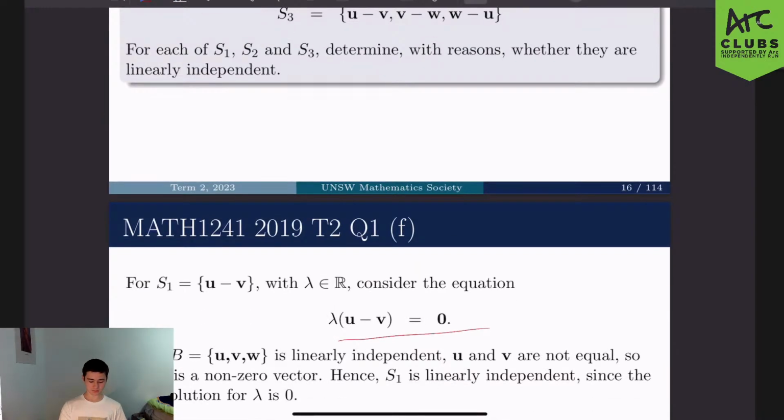Since u and v are not equal to each other, u minus v is a non-zero vector, so only a multiple of 0 gives us 0. So we have linear independence. We've satisfied the formal definition.